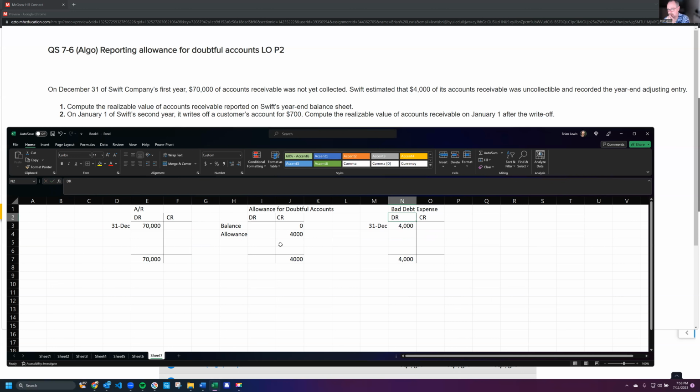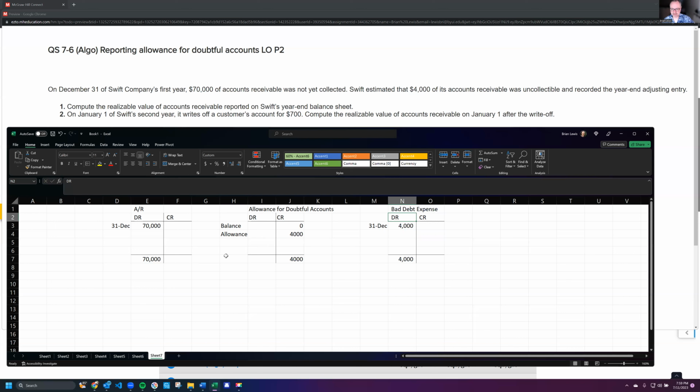Okay, when they did this entry, $4,000 set up as the allowance, $4,000 in bad debt expense, and so they're using the indirect method. So compute the realizable value of accounts receivable reported on Swift's year-end balance sheet.